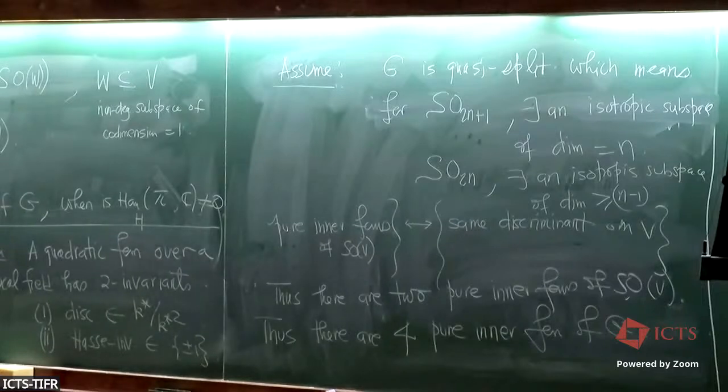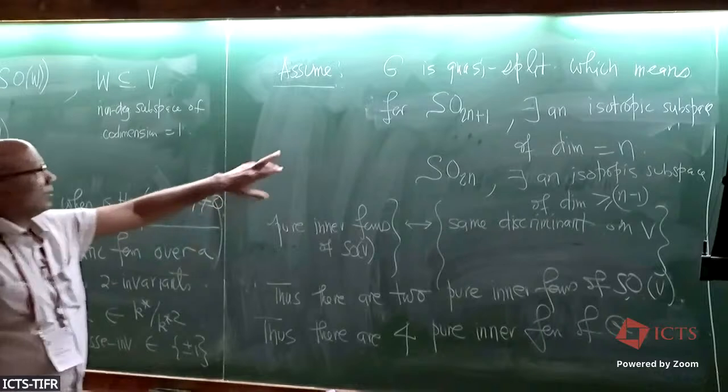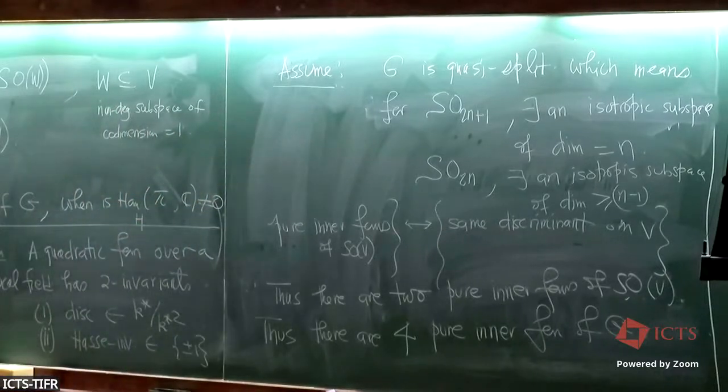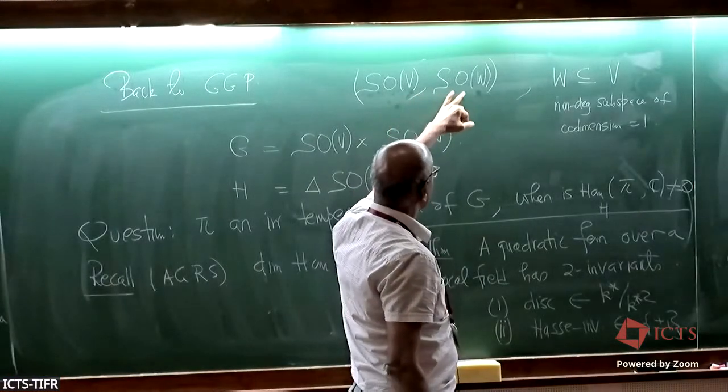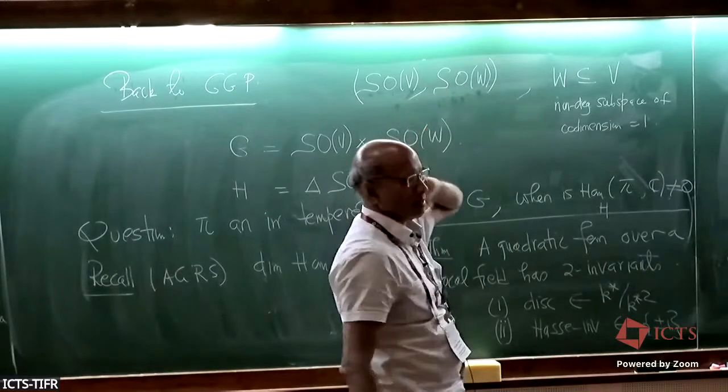So there is the notion of what is called relevant pure inner form. So this pure inner form is, therefore, you change SO(V) to SO(V'), SO(W) to SO(W'). But since we are doing the branching problem, we are not only interested in changing the groups, but changing the groups so that the smaller group is contained in the bigger group.